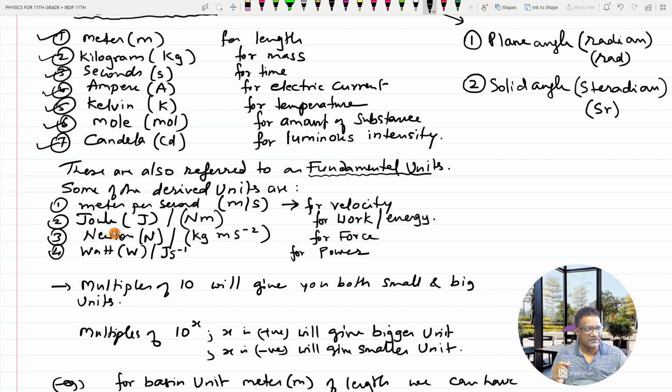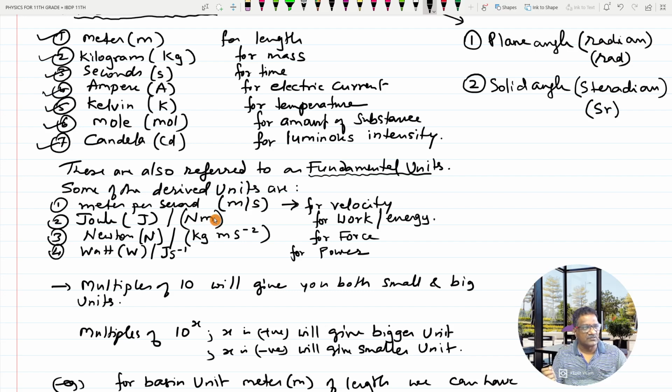Same way, joule. Joule is a unit for work or energy. The physical quantity is work or energy, and its unit is joule. Joule is nothing but Newton into meter. Newton itself is a derived quantity, and meter is a fundamental quantity.